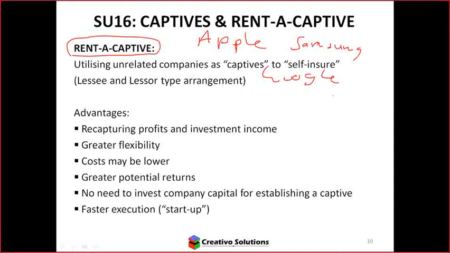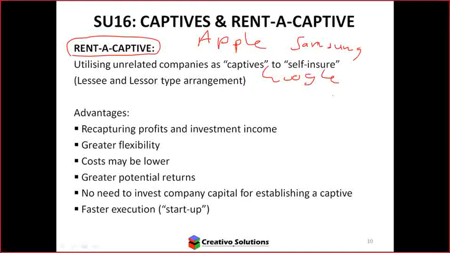It must be a lot, probably in the millions or billions, perhaps. So now, could you save millions and billions? Yes, you could, by creating a captive. All those premiums you're paying to third-party insurers can be kept within the business. And that's how a captive is a benefit.